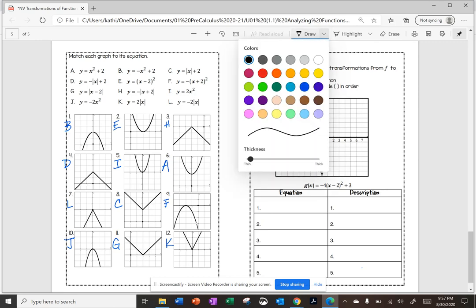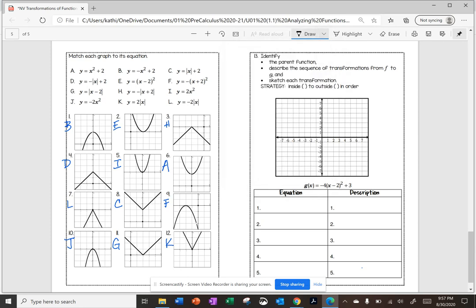If I take out all the transformations, my parent function is y equals x squared, which is called a quadratic equation. So I'm going to graph my points for a quadratic equation: 0, 0, 1, 1, 2, 4, negative 1, 1, negative 2, 4.